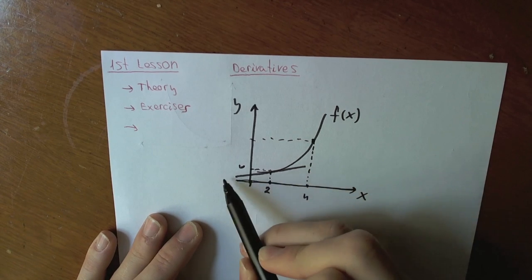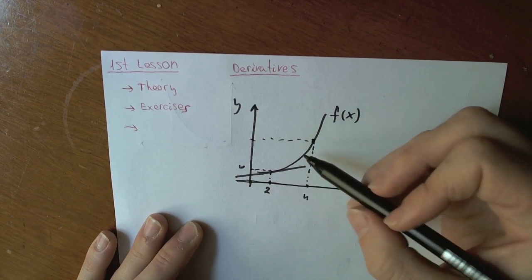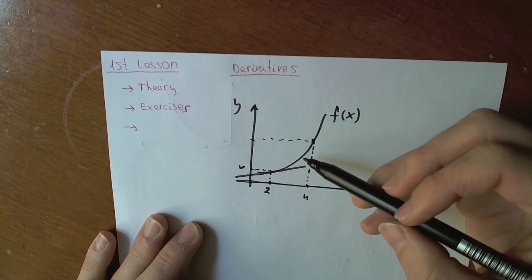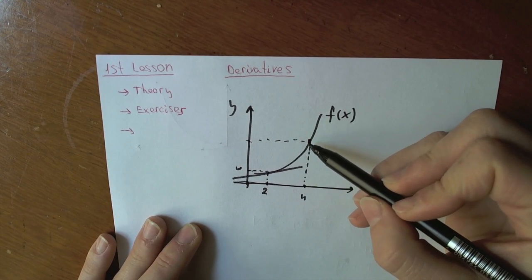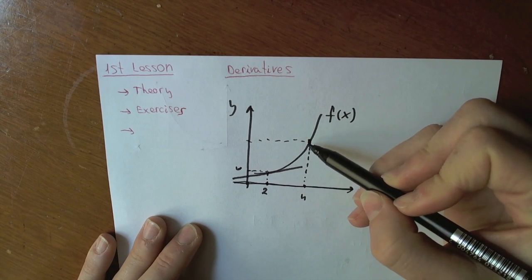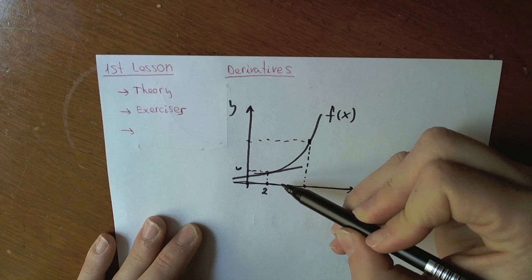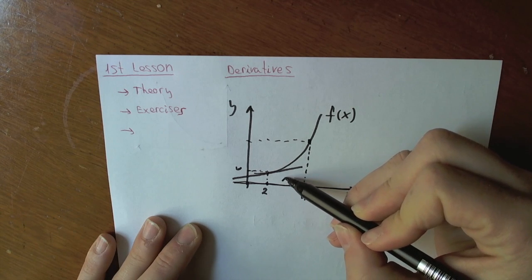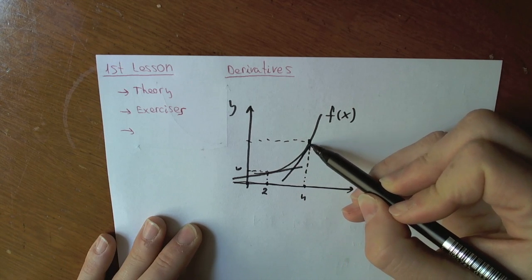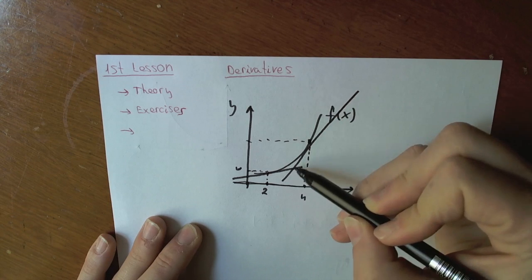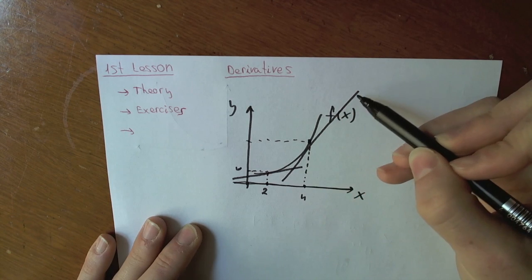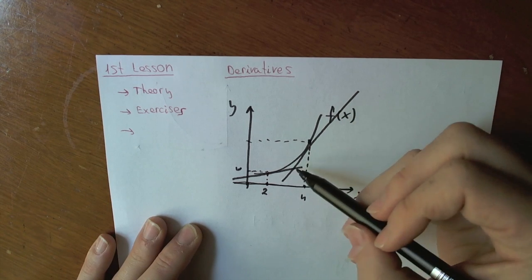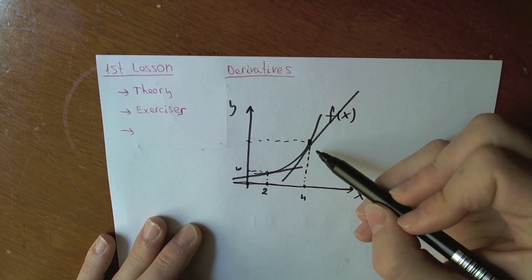This is the slope, the inclination of this line. But if we look at the function at x equals 4, the slope is bigger. We can see that the slope increases. The tangent line is this one, and we can see the slope is more pronounced. This is what the derivative measures.